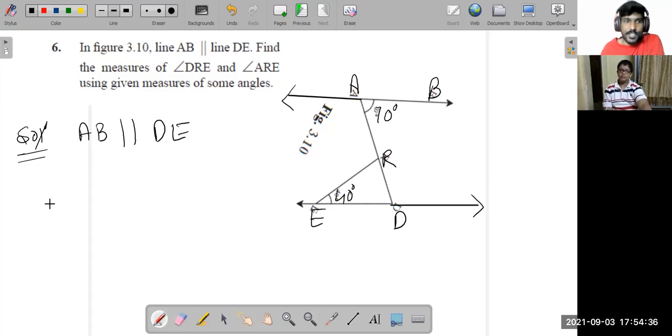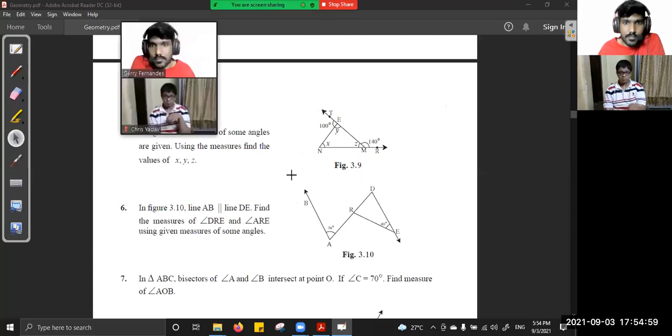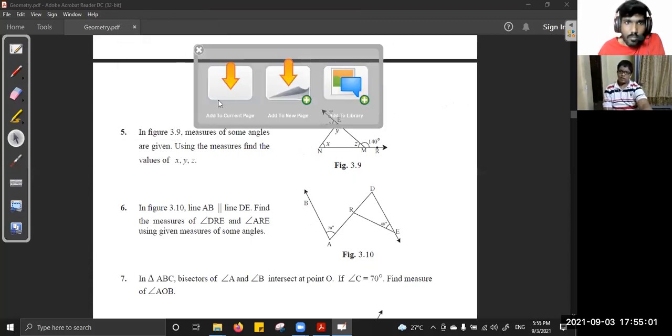AD, sir. Yes, AD is a transversal. You understood this diagram, right? Yes or no? Have you understood the diagram? Yes, sir.